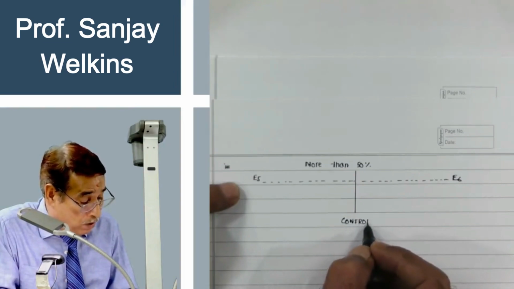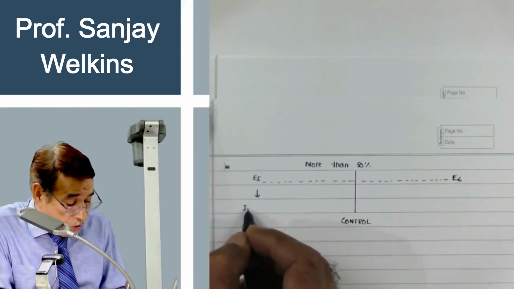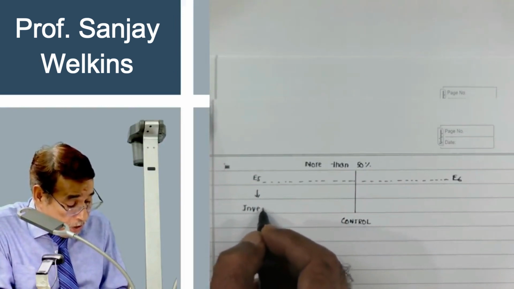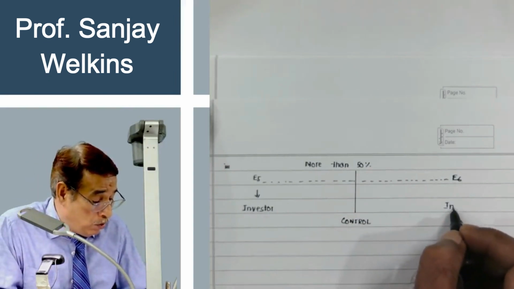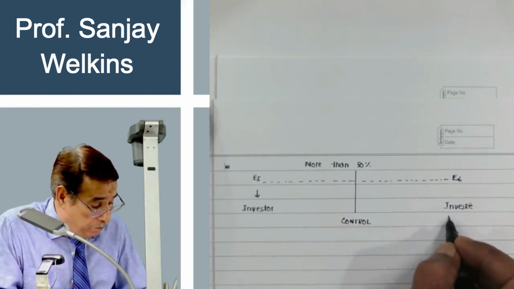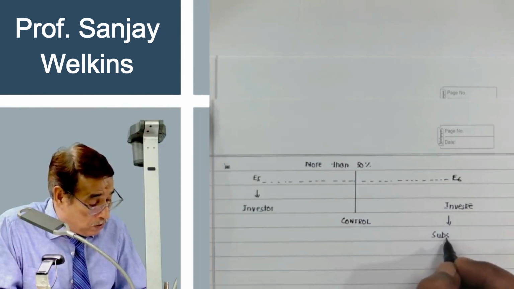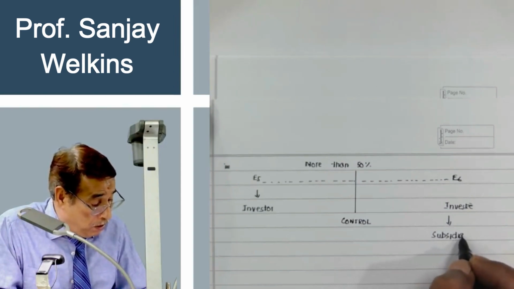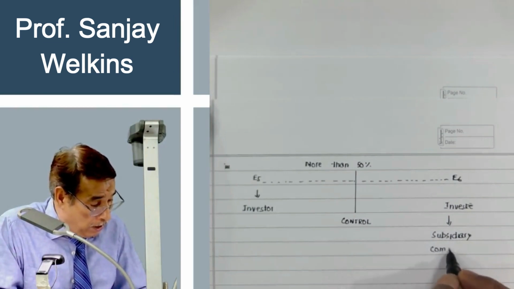I have already told you we are the investor company, and this is the investee company. Besides that, this time this company will be our subsidiary company. Correct?